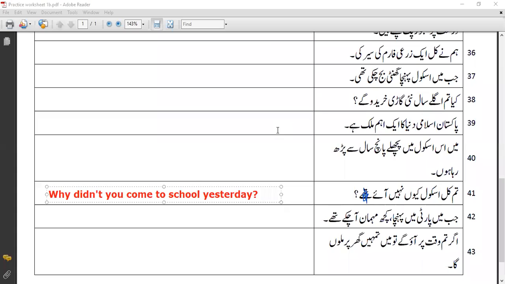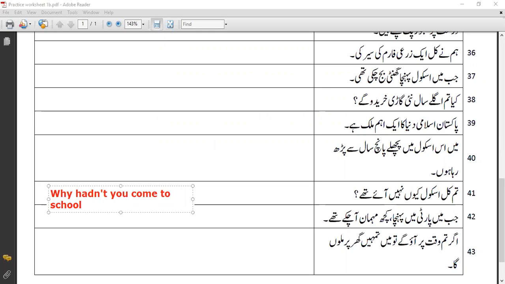But it isn't like that. There is also a word the over here. So we'll have to change this sentence and make it a past perfect interrogative sentence by writing, why hadn't you come to school yesterday?